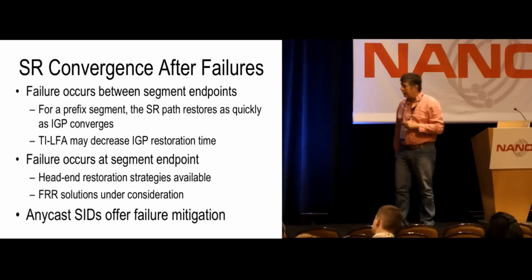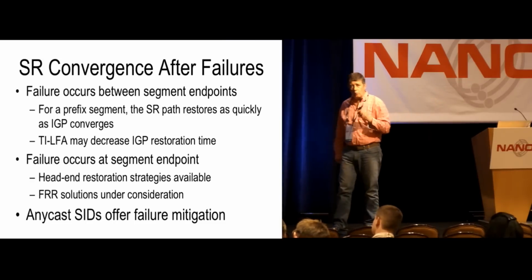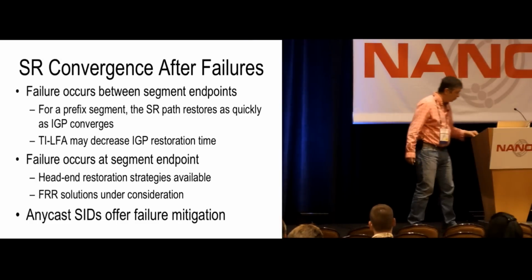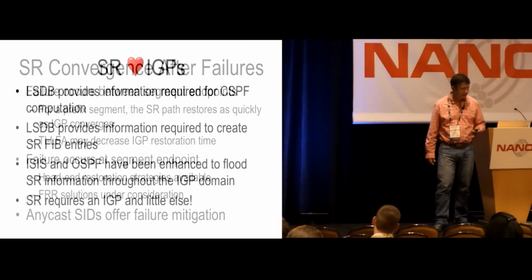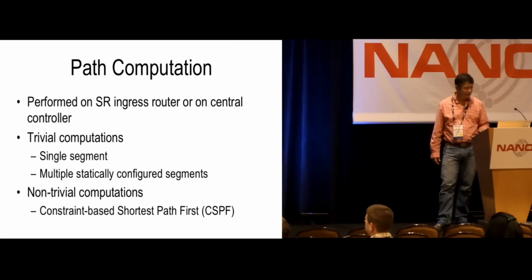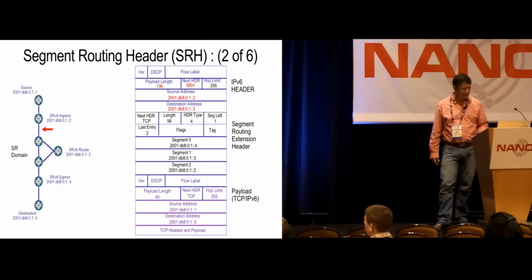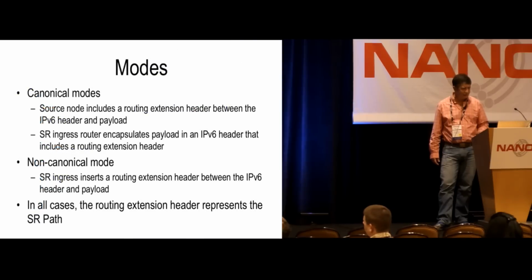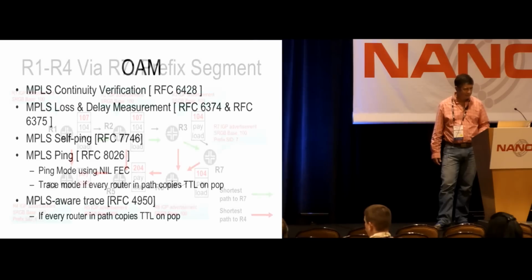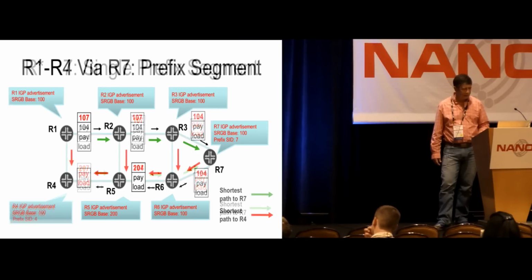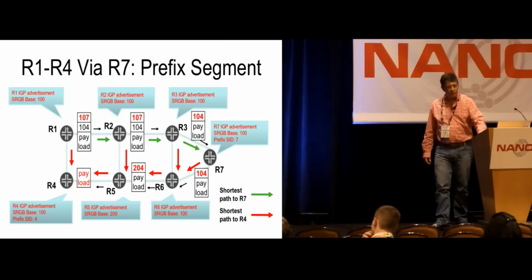Another situation that you have to worry about is what happens if the failure happens at a segment endpoint. Let's take a look. Let's go back and find an example of this. Way back. Let's take a look at this example.